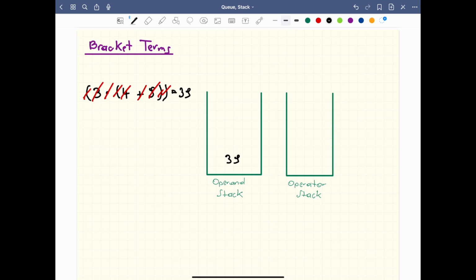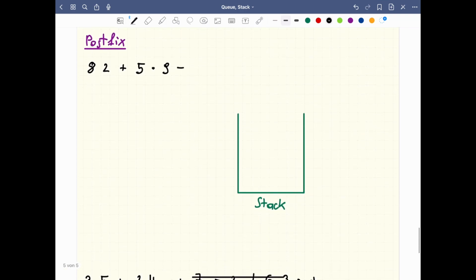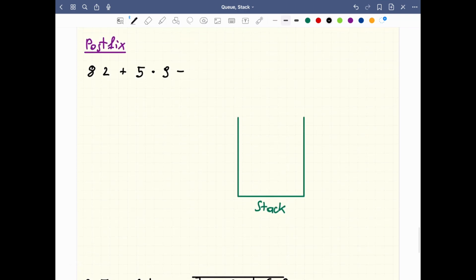Good, guys. So there is one more thing I want to show you. This is the so-called postfix notation. The postfix notation is something that was used, or that also can be used, for calculating something with a calculator, or working with calculators.